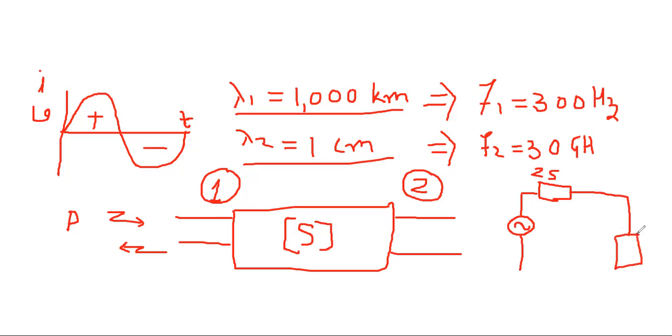The load is where you are required to send it, and I'll call this ZL. This is my source; you can name this V0 or whatever the source power is.